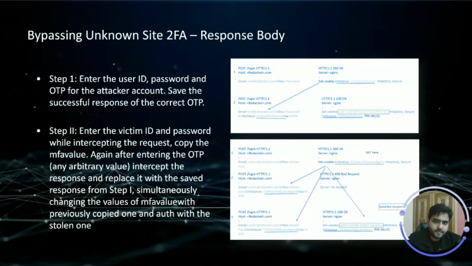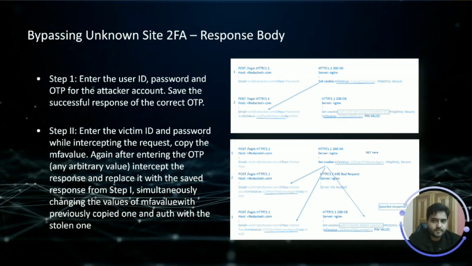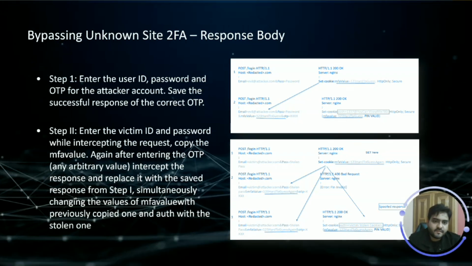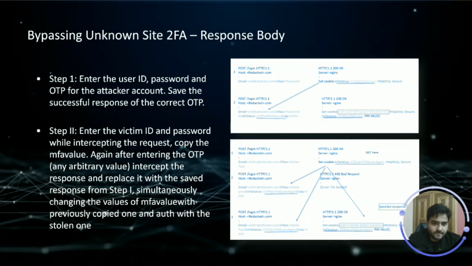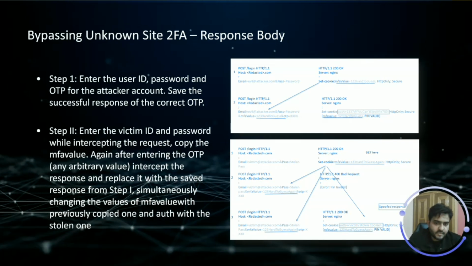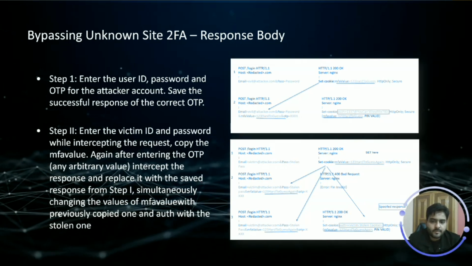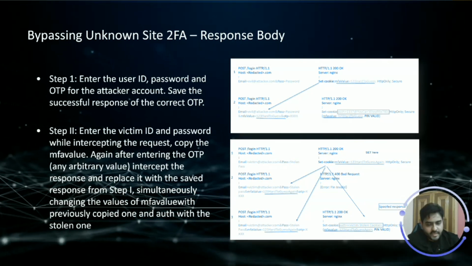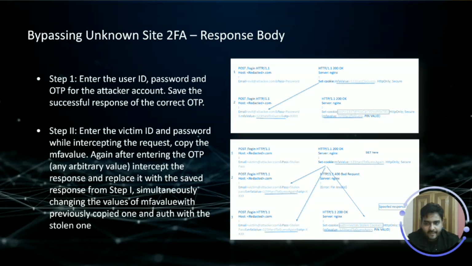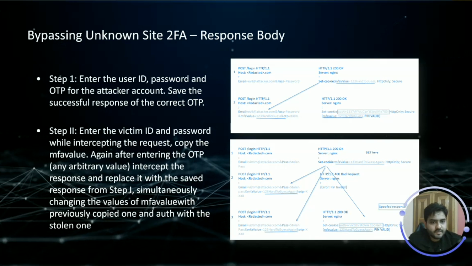In this particular scenario, first of all, this was also an unknown site. We enter the user ID and password, and then we get an OTP, and we save the successful response of that OTP. And then once we log into the victim's account, we obviously don't know the OTP, so what we basically do is we replace the response in that particular step with the successful one, and in this way we are able to bypass the 2FA with little tidbits of changes, of course.